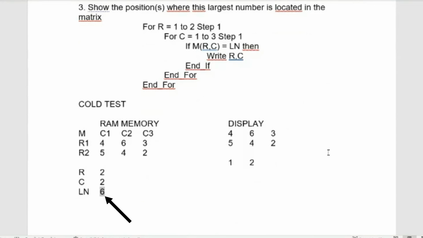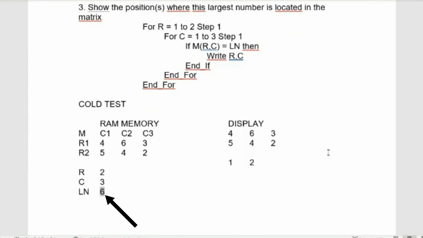So, and if not, increase C in 1, that means C stores 3. Ask again if matrix M, row R, column C is equal to Ln, that means 2 is equal to 6, that is false.